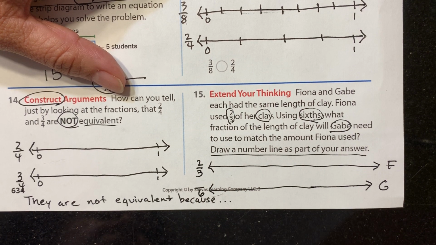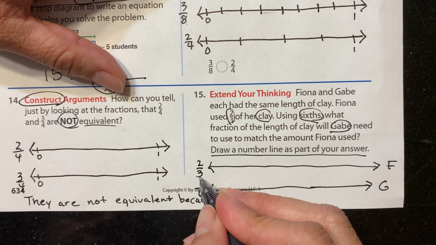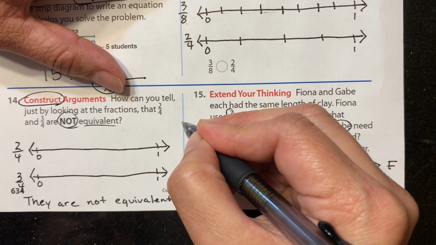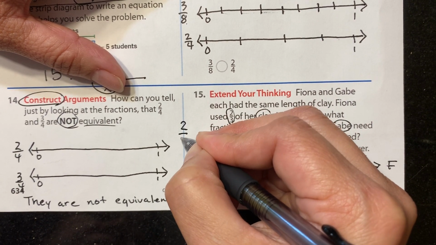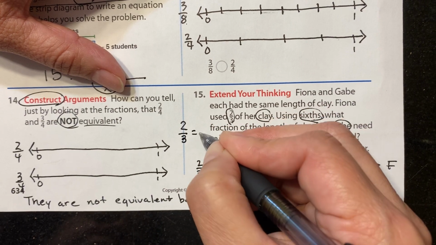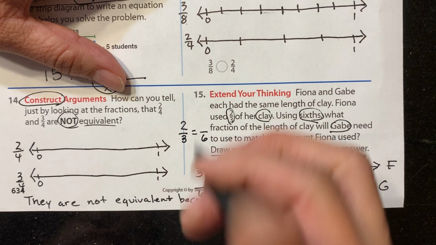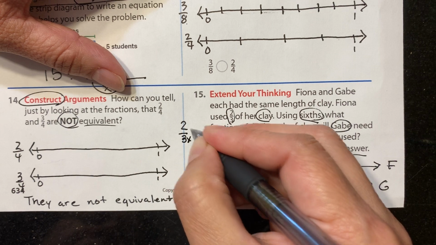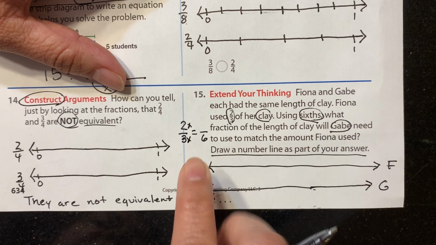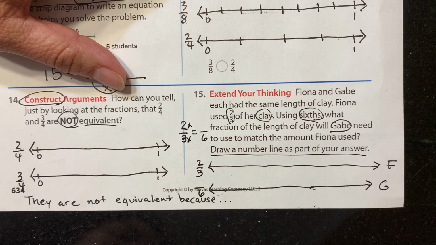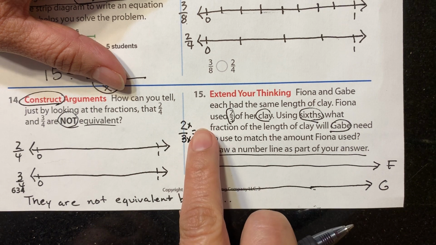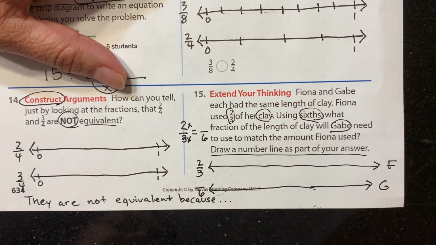So if you want to find out the equivalent fraction, you can check the denominator here and make your own equivalent fraction, and then you'll know which one is Gabe. What is going to give me that 6 for Gabe? 3 times a number and 2 times a number. Remember, they have to be the same number. Gabe has 6ths. Okay, so go ahead and figure that one out and then draw your number line and fill it in.